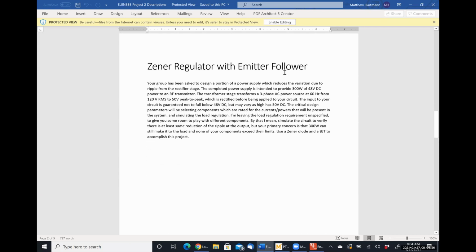And we have a Zener regulator with an emitter follower. Emitter followers we're not going to talk about until probably Friday or Monday. Designing the portion of a power supply which reduces the variation from a rectifier stage, 300 watts at 48 volts DC to an RF transmitter.